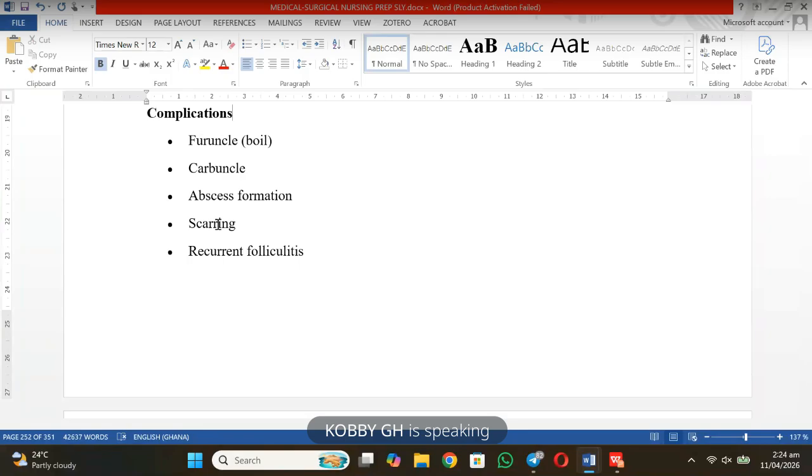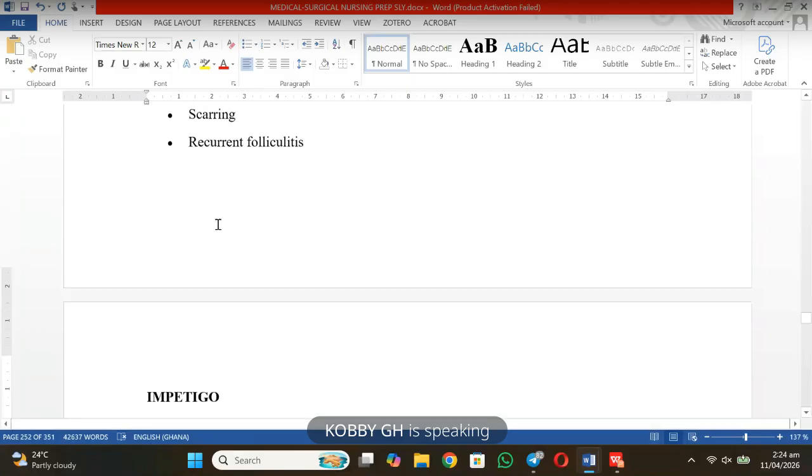And there are times recurrence is very common. If someone usually experiences folliculitis, it's very likely occasionally or periodically that person will re-experience the condition again.